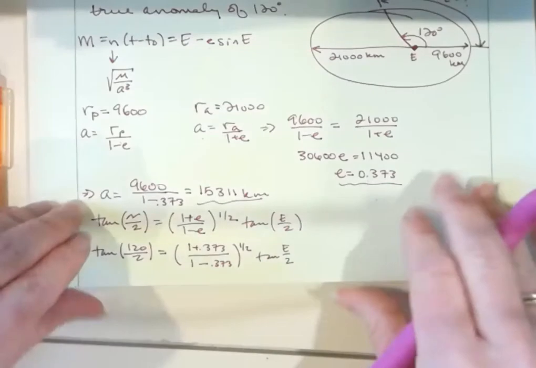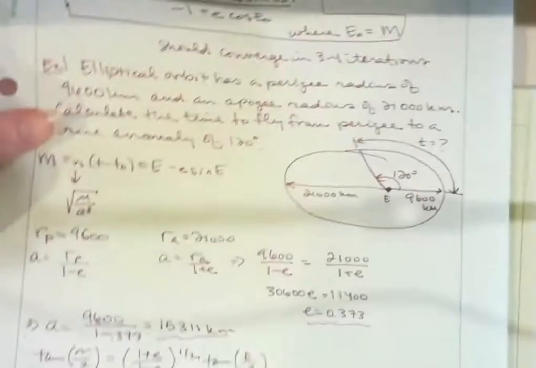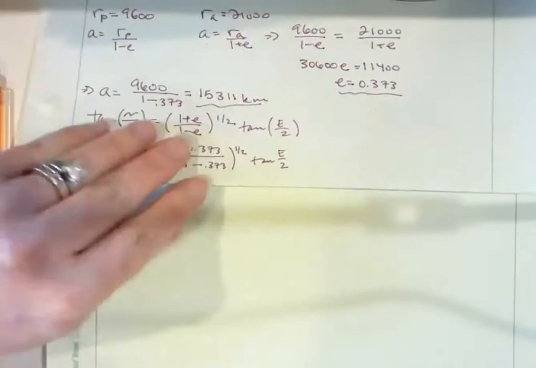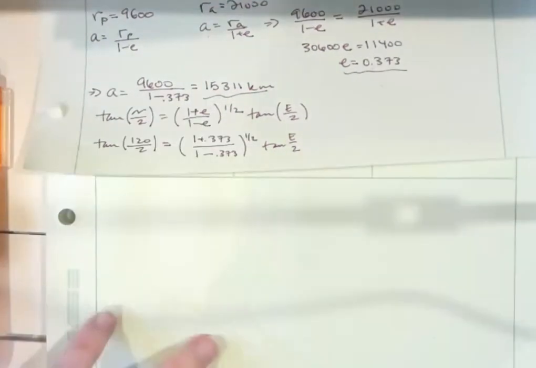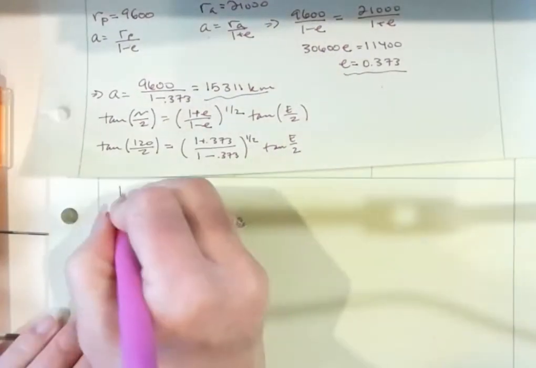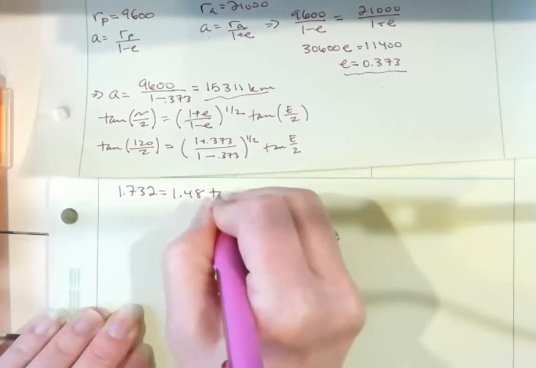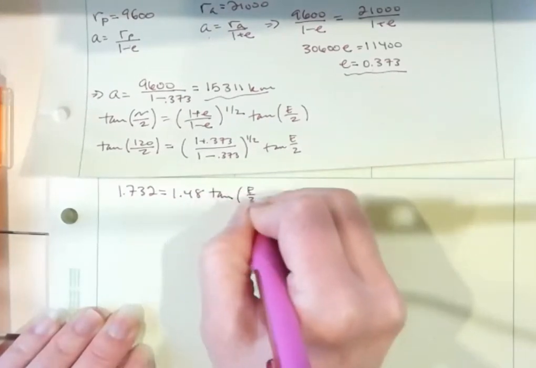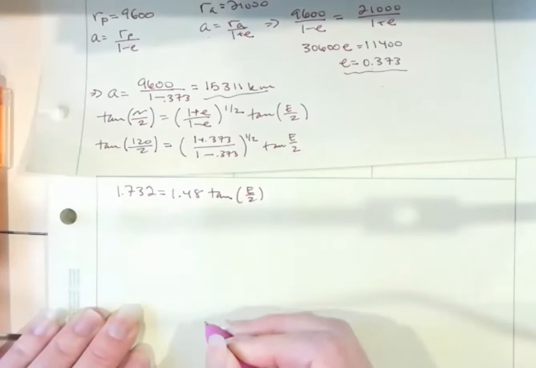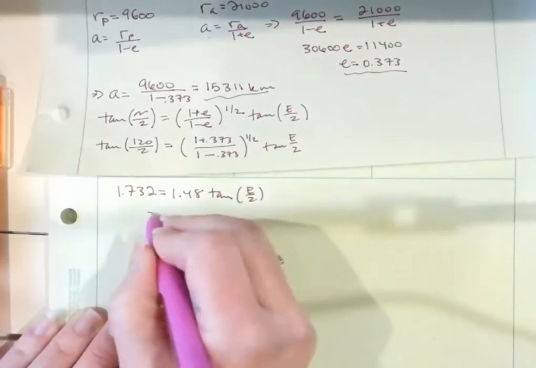Okay, so that gives us 1.732 equals 1.48 tangent E over 2. All right.